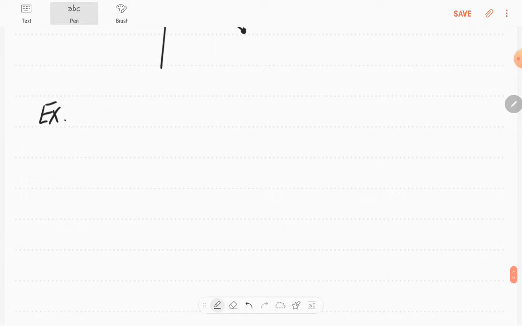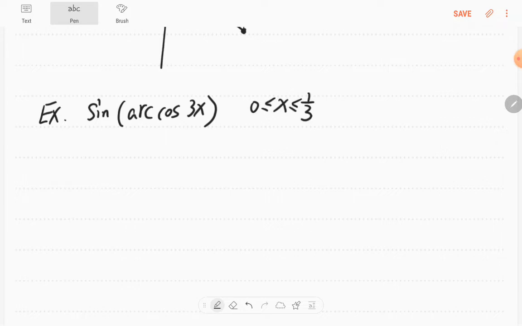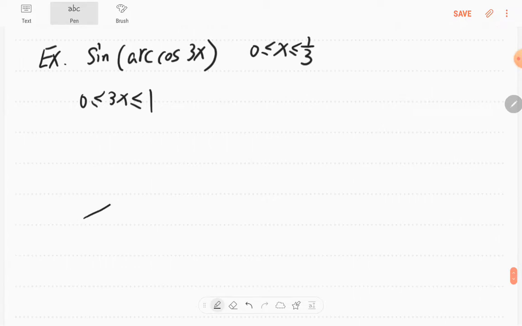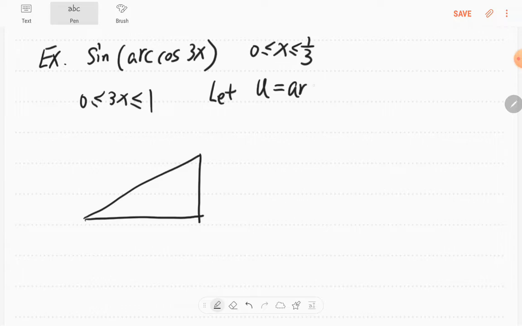Next, sine of arc cosine 3x, where x is between 0 and 1/3. So 3x is between 0 and 1, so no problem. Because it's positive, we can let u be arc cosine 3x.